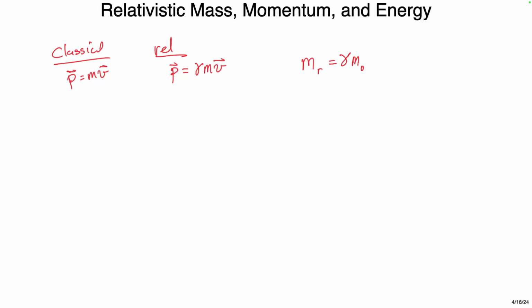The normal everyday mass that something has. But from now on, we have to be careful. If an object is moving fast enough, it's going to have a different mass than if it were sitting still. Okay, so that's relativistic mass and momentum. I mean, you could box those if you want, but they essentially do the same thing.